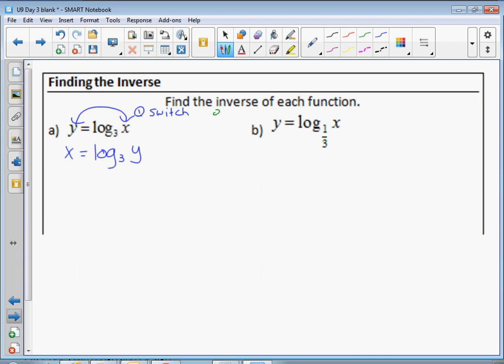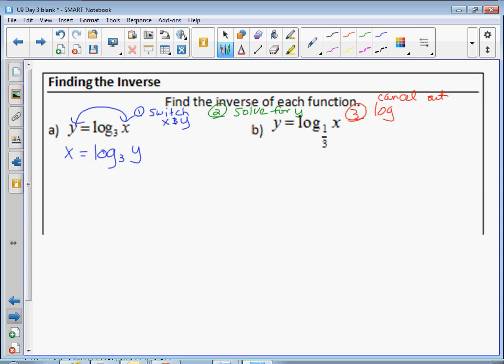Our second step is to solve for y. And our third step is to cancel out the log. And earlier we're switching x and y. I want to write down those steps, that could help you.